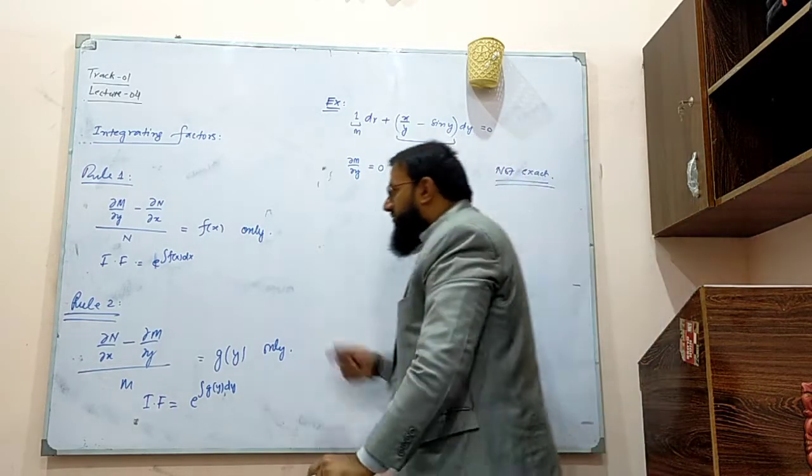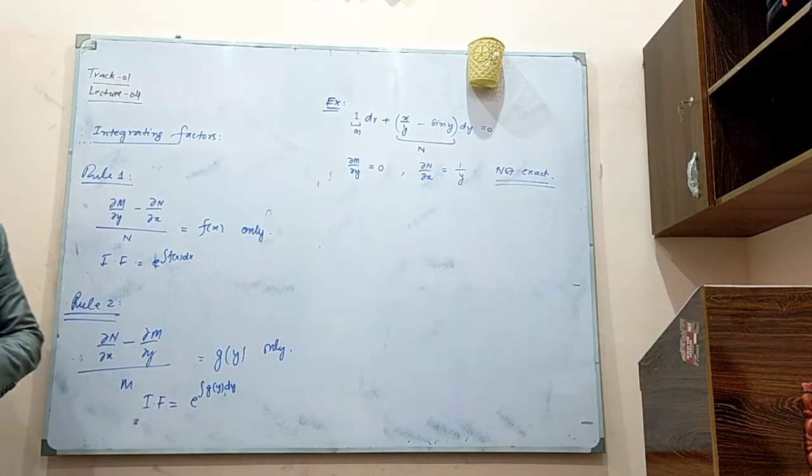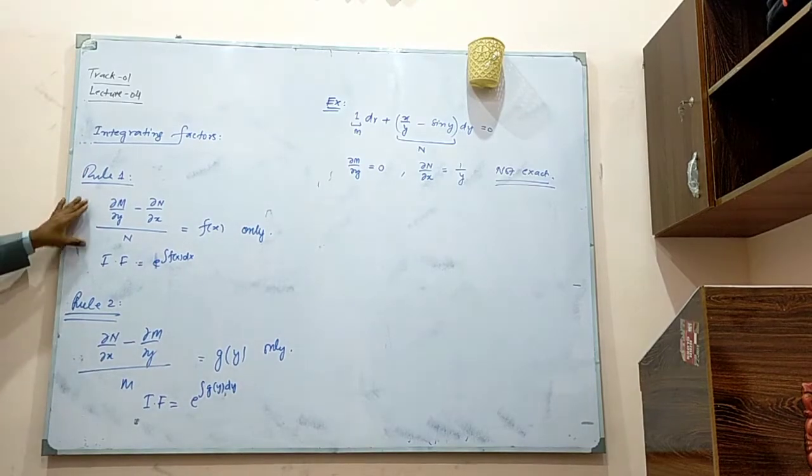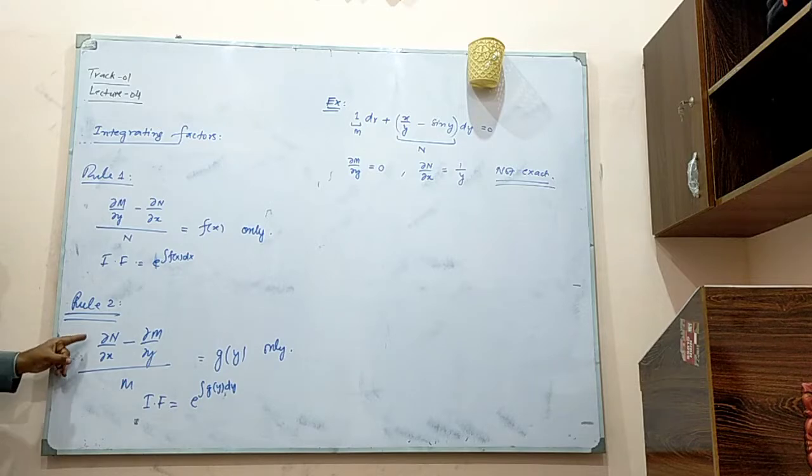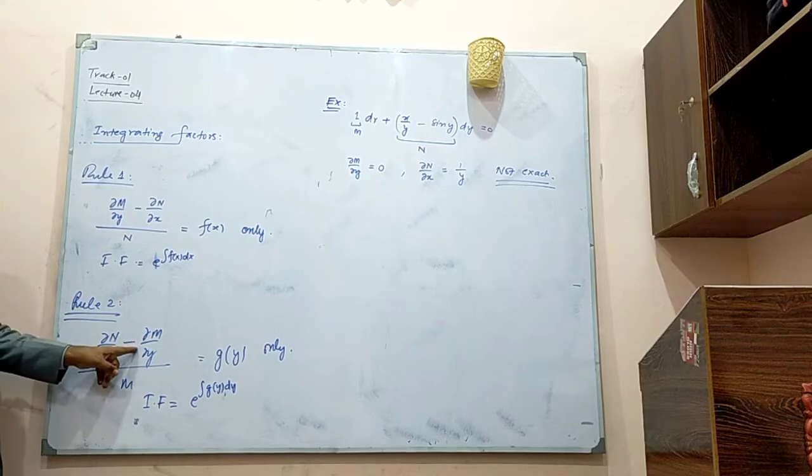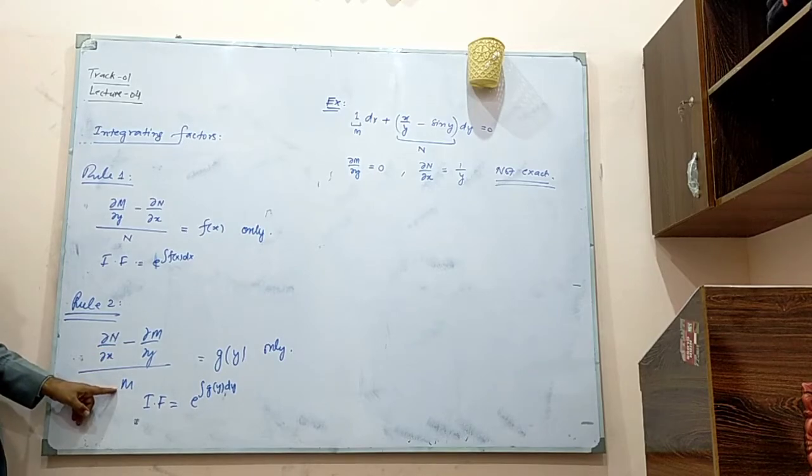So which rule should I apply here? Either this one or this one. The second one, because you take partial n by partial x, there is 1 upon y, and this is 0. And when you divide by m, that is 1, this only becomes a function of y.